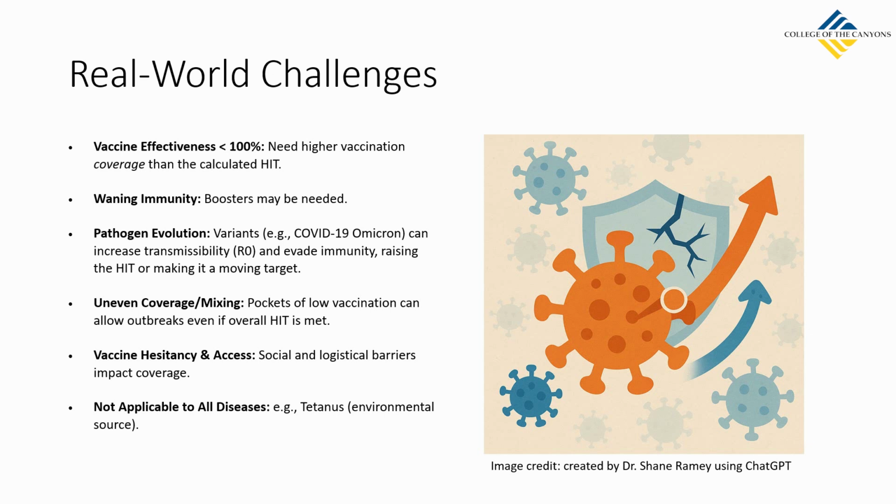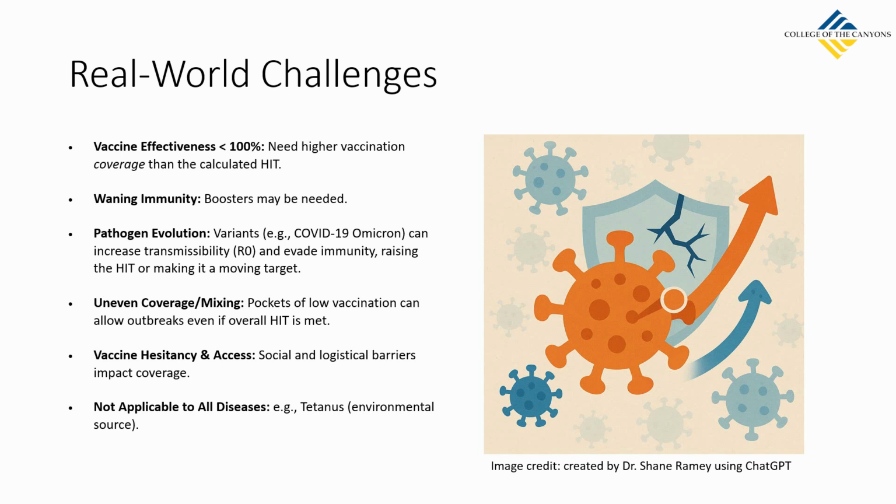And that's because these pathogens, particularly some types of viruses, they mutate and evolve, and they can escape immunity sometimes when they do that and evade immunity. So that requires new versions of the vaccine and more vaccinations.